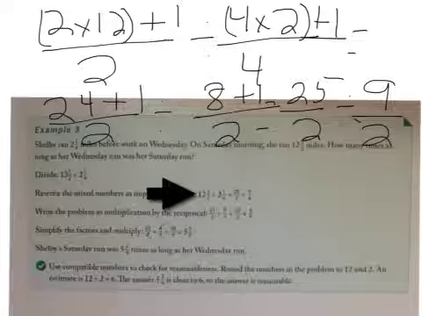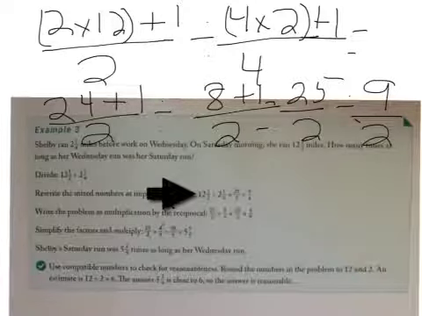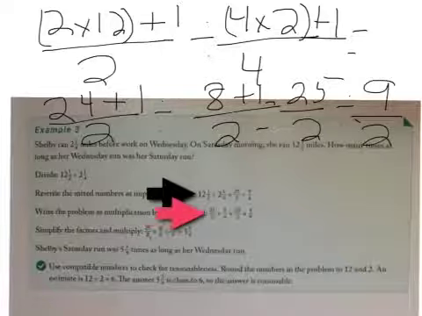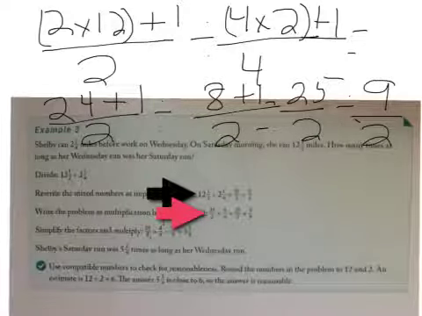So our next step is to write the problem as a multiplication by the reciprocal. So we're going to have 25 over 2 divided by 9 over 4, and that is going to give us 25 over 2 times 4 over 9.